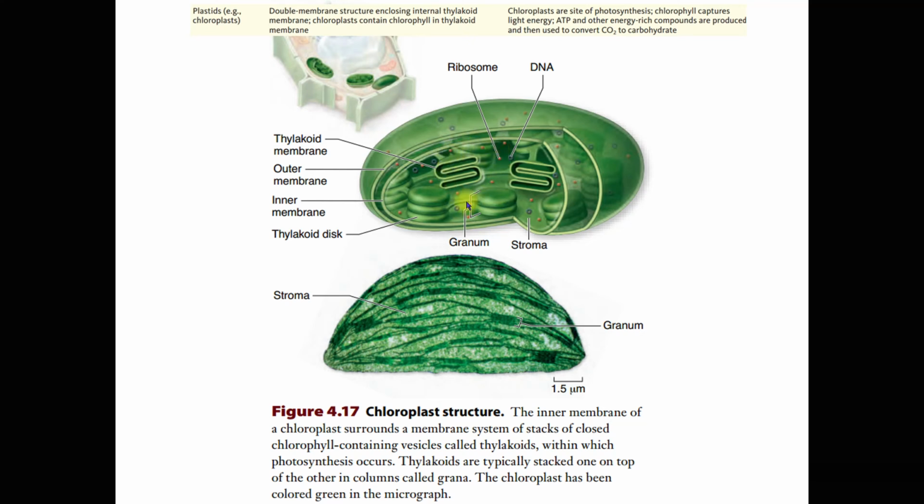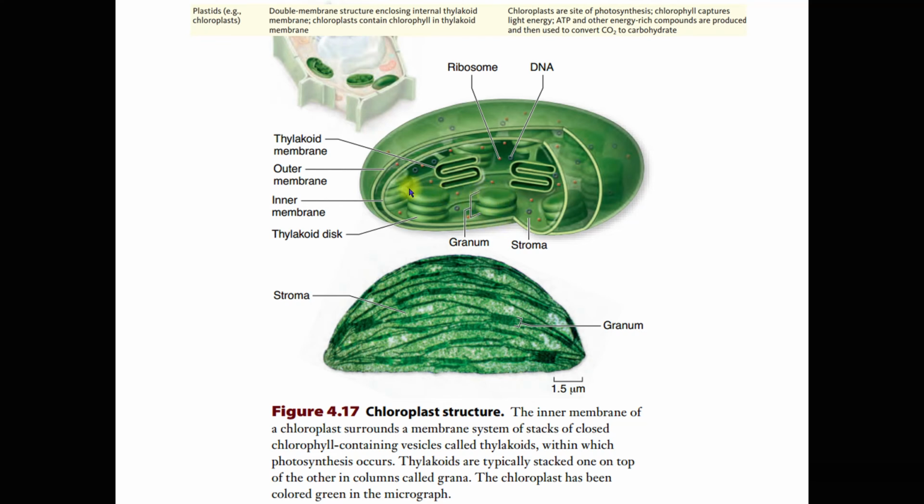Now class, again, before I move into the other organelles, this is a chloroplast. In a chloroplast, there are many thylakoids. You can see these thylakoids. Stacks of these thylakoids are known as granum, or grana.